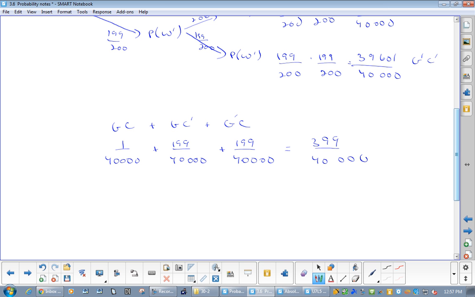Remember, we do not add the denominators. And if you work that out, it's 0.009975, which when you convert to a percent is 0.9975%.